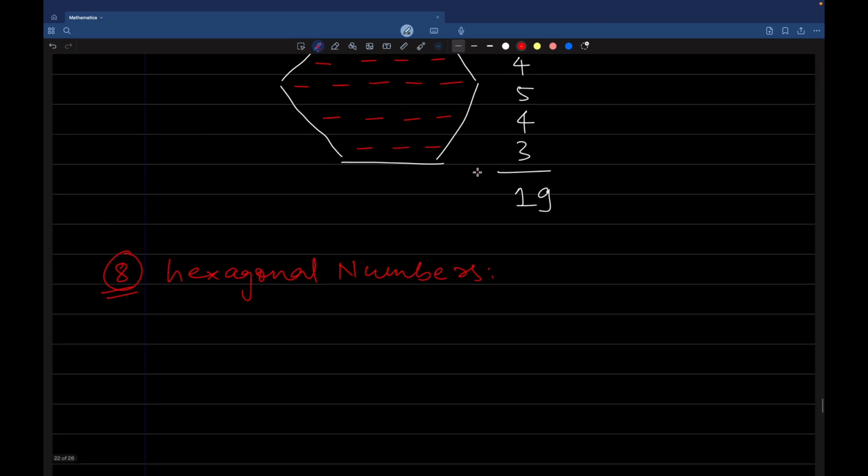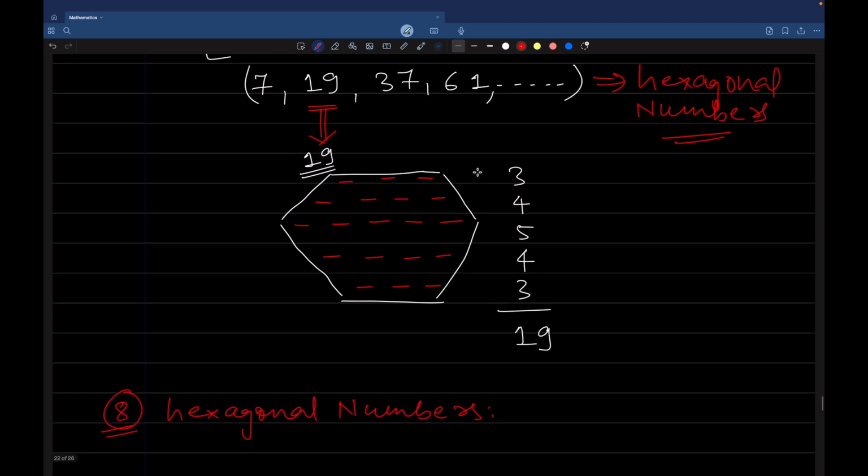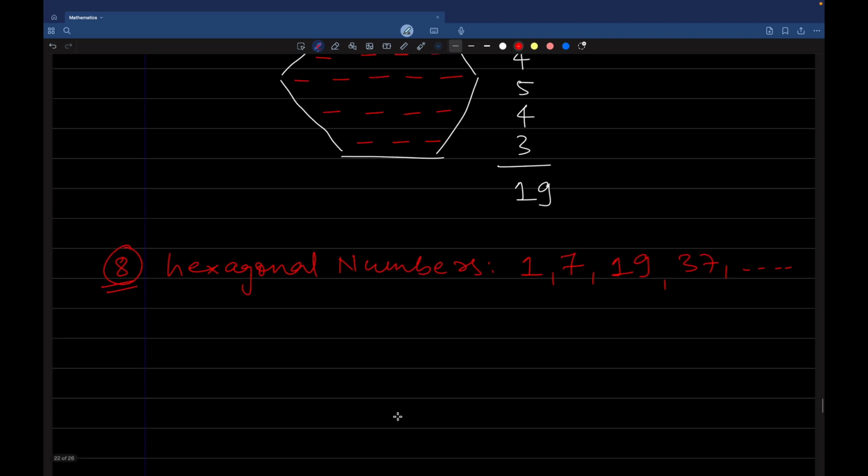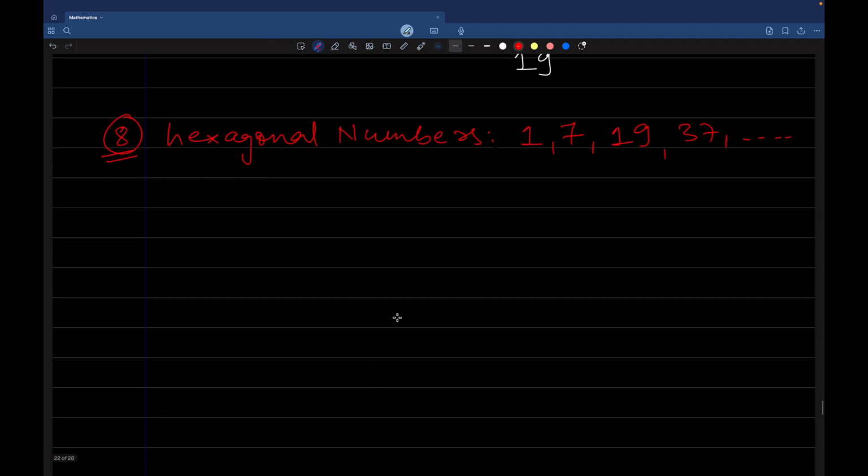Hexagonal numbers start from 1, 7, 19, 37, 61 and so on. What happens when we start to add up hexagonal numbers in sequence?